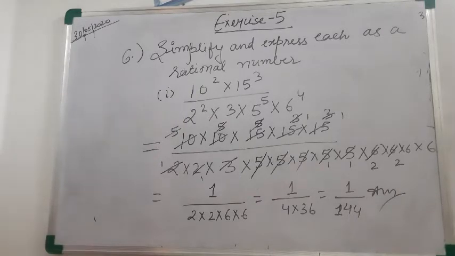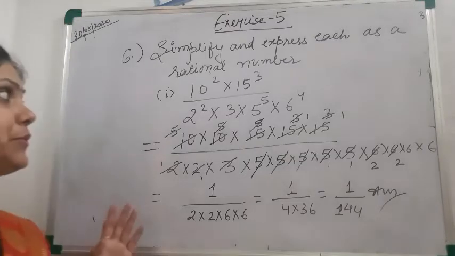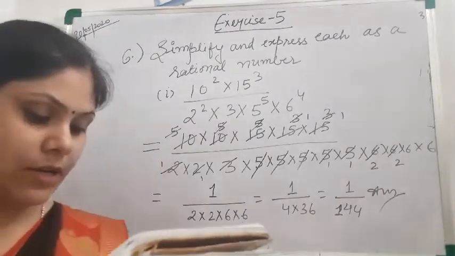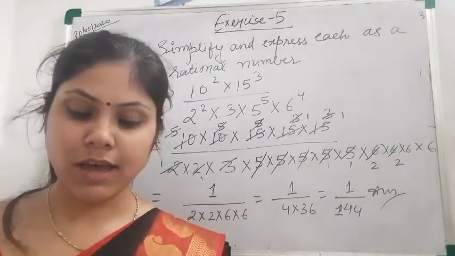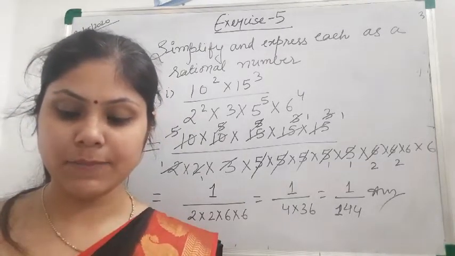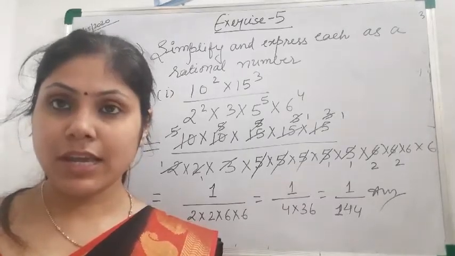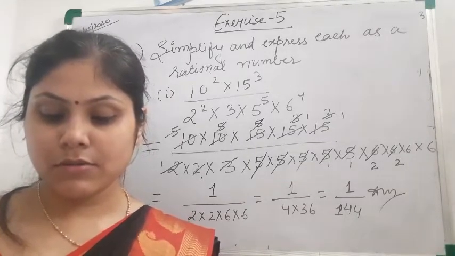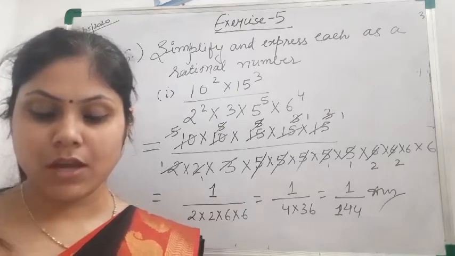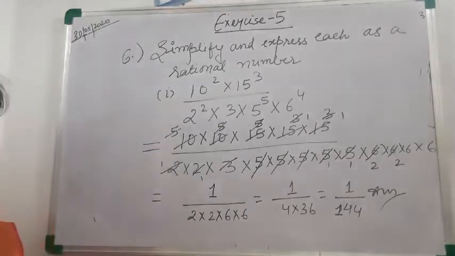Seventh question. I think this is clear to you all. Now the seventh one. The distance between the earth and the moon is approximately 3,84,000, sorry, I'm really sorry.